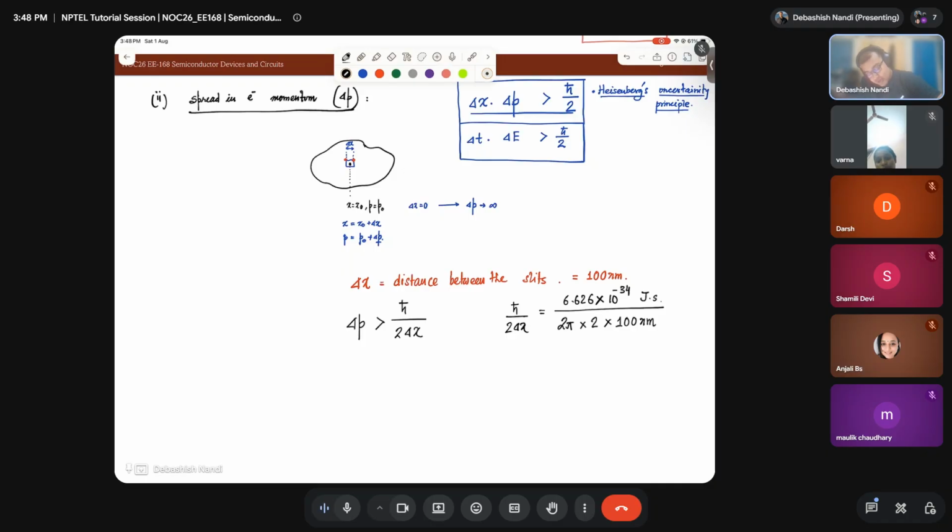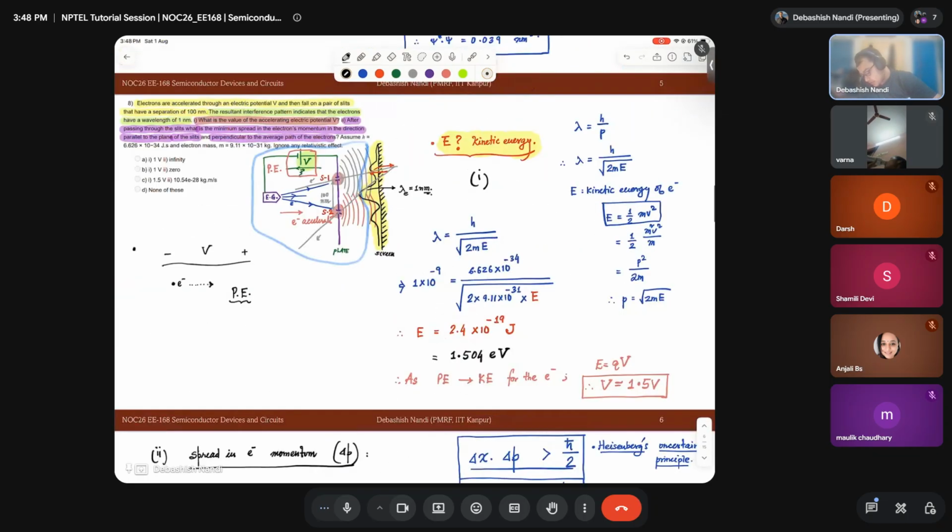So if you can solve, you will have 6.626 into 10 raised to minus 34 divided by 4 pi divided by 100 divided by 10 raised to minus 9, right? So you will have 5.27 into 10 raised to minus 28.